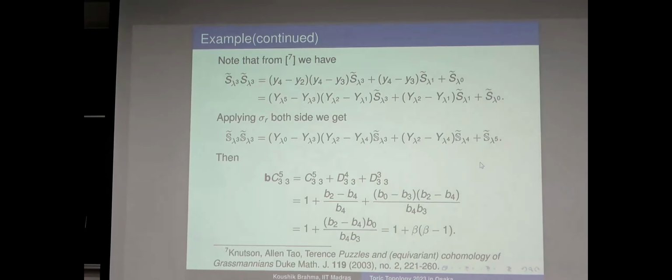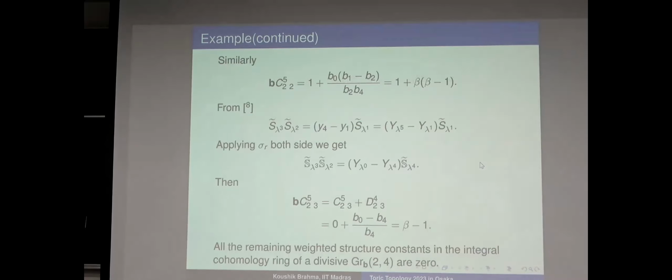So how do we get it at last? This is 1 plus beta into beta minus 1. And similarly we can compute BC225, that is exactly the same, 1 plus beta into beta minus 1. And for the remaining BC235, that will also be beta minus 1, and all the remaining structure constants in this integral cohomology ring of this divisive GR24 are 0.